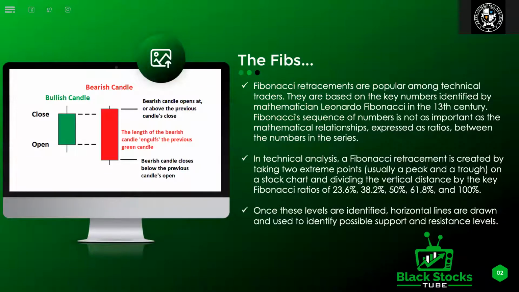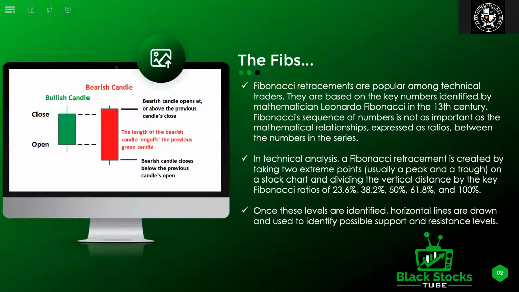Fibonacci retracements are popular among technical traders. They are based on the key numbers identified by mathematician Leonardo Fibonacci in the 13th century. Fibonacci's sequence of numbers is not as important as the mathematical relationships expressed as ratios between the numbers in the series.